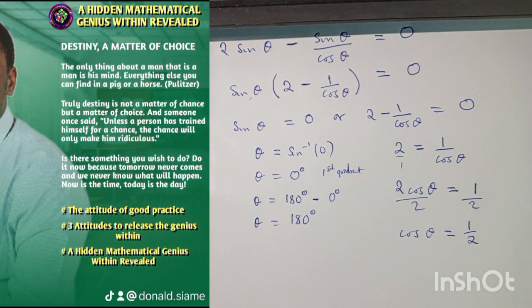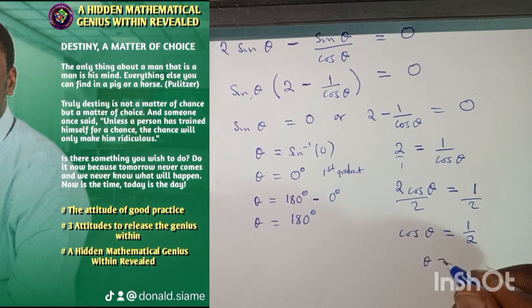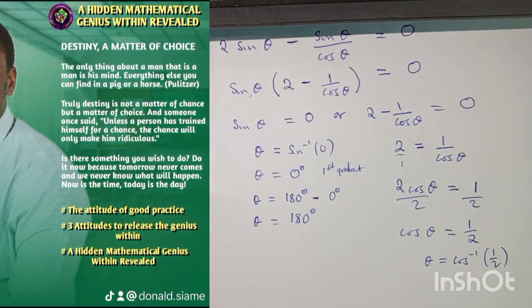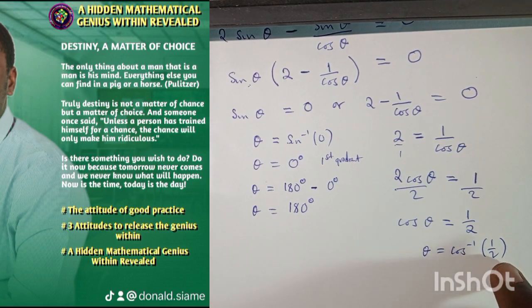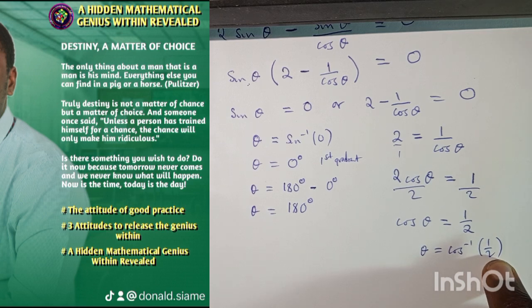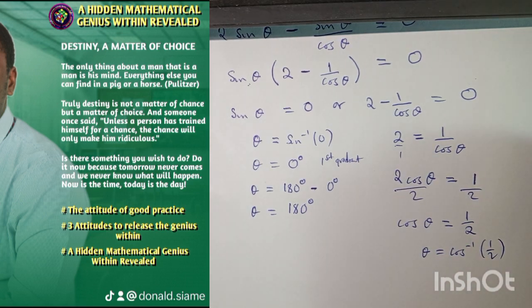To find the value of theta, we introduce the cos inverse. So theta is equal to cos inverse of 1 over 2. Since this value is positive, we are going to get the values of theta where cos is positive.